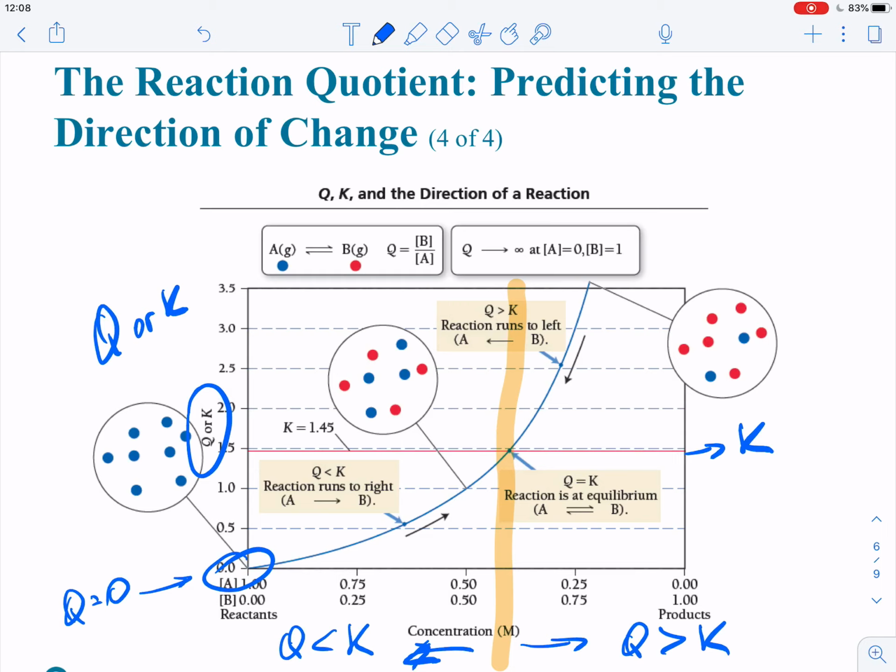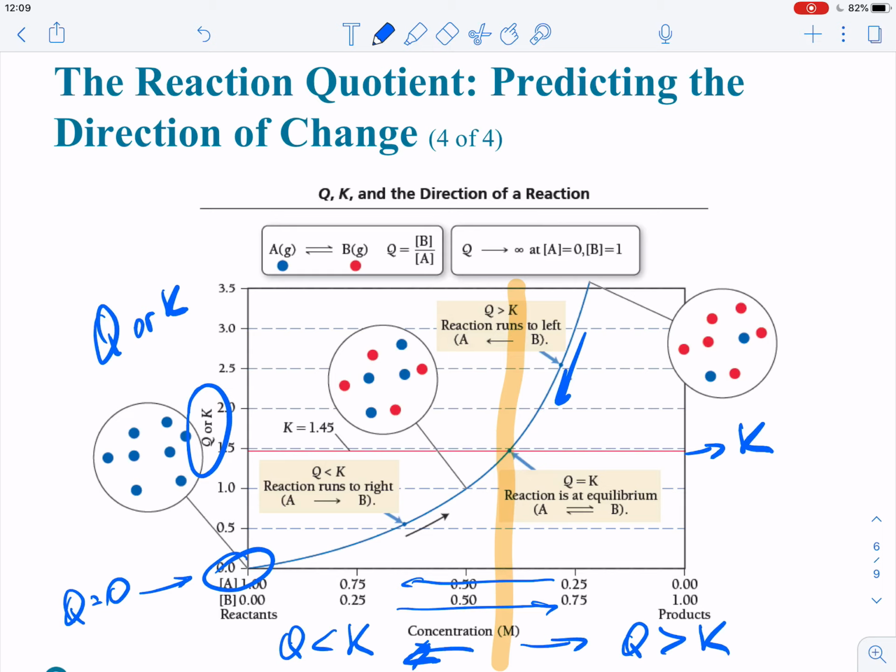So if Q is larger than K, then you are trying to go to the opposite direction. So you want to favor the concentration of the reactants, and in this direction you are increasing the products, in that direction you are increasing the reactants.